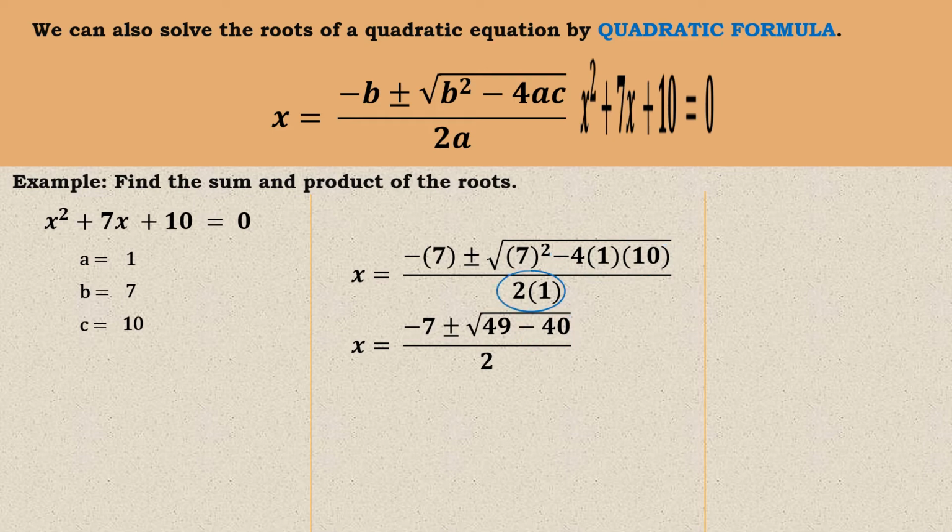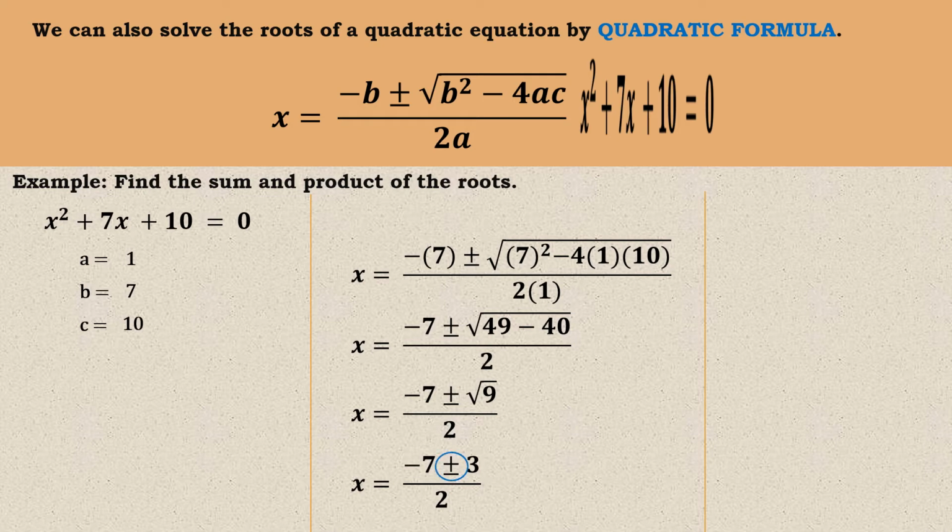And we have 2 times 1 equals 2. Then 49 minus 40 is equal to the square root of 9. Actually, class, this is the same example we did in the quadratic formula lesson; I just brought it back. Then the square root of 9 is equal to 3.